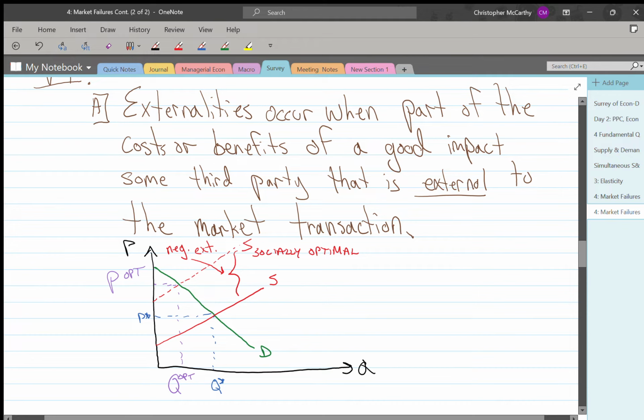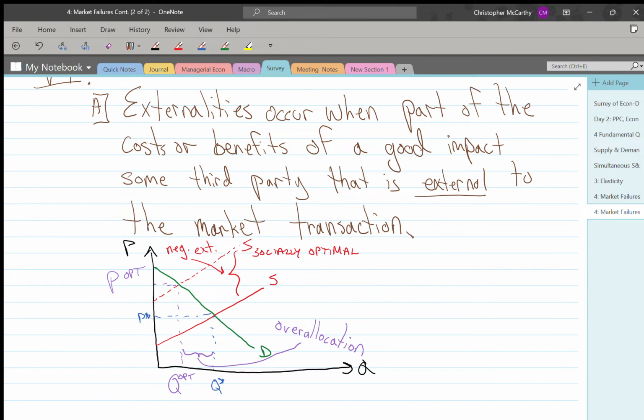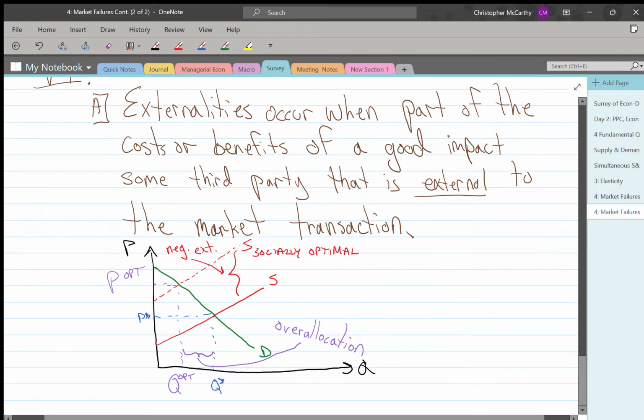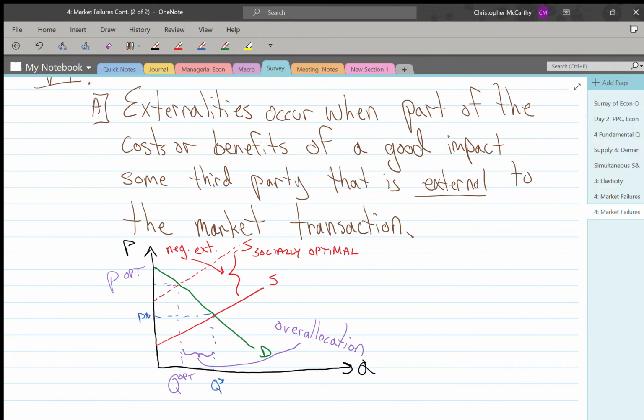This is what we call an over allocation. There's more being produced and sold at a cheaper price than is socially optimal. Why is that? Because there are costs that the supplier is not paying. If the supplier had to pay for those spillover costs, the marginal cost would be higher, and that's why the supply curve is shifted to the left.